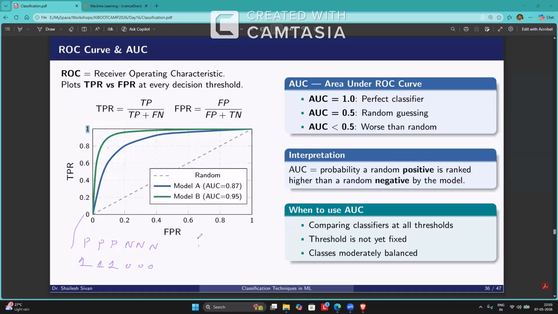If you consider the threshold as 0.5, it will be PPP, NNN, right? Even if it is 0.1, it will be PPP, NNN, right?